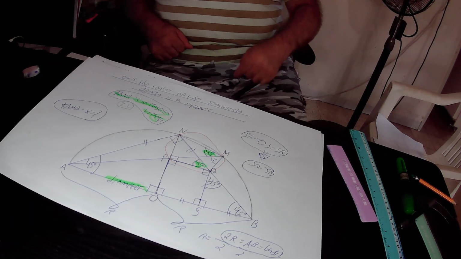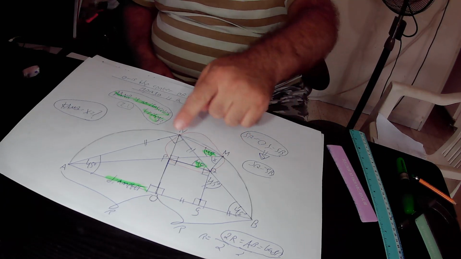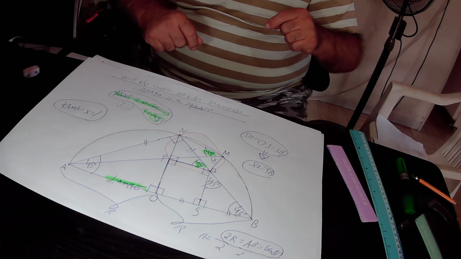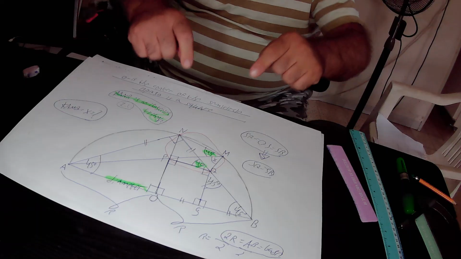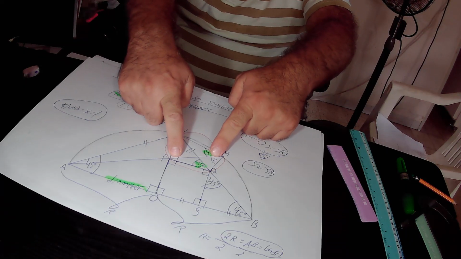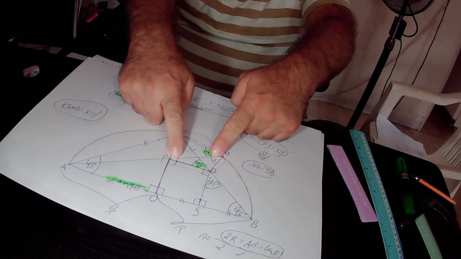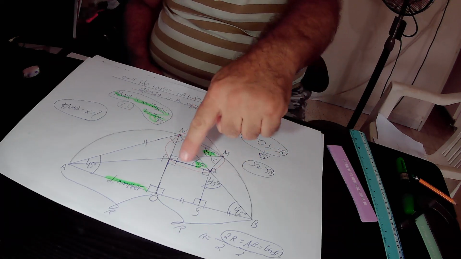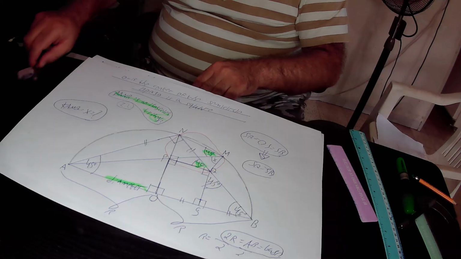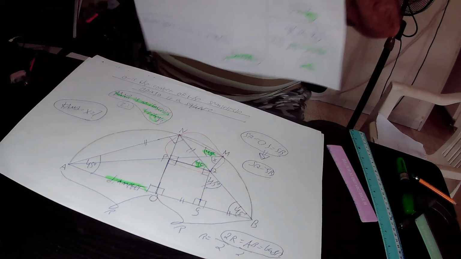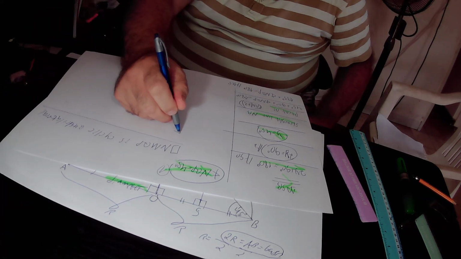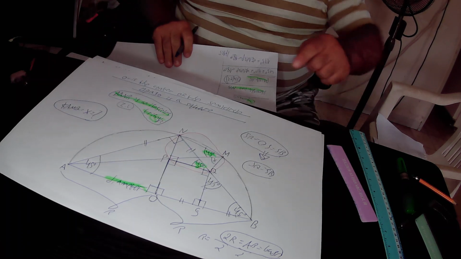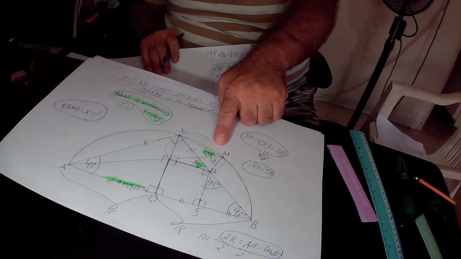Repeat again. Because quadrilateral NMQP is a cyclic quadrilateral, the sum of its two opposite angles must be equal to 180 degrees. So the sum of those two opposite angles in quadrilateral NMQP must be equal to 180 degrees. So this is again NPQ. This is the right angle. Plus the opposite angle NMQ.